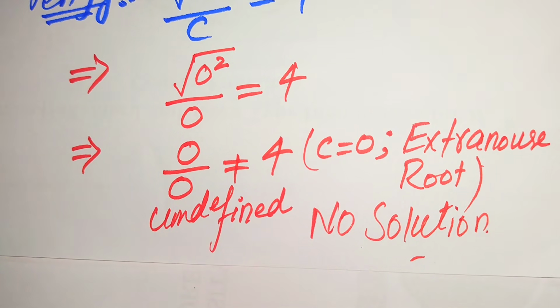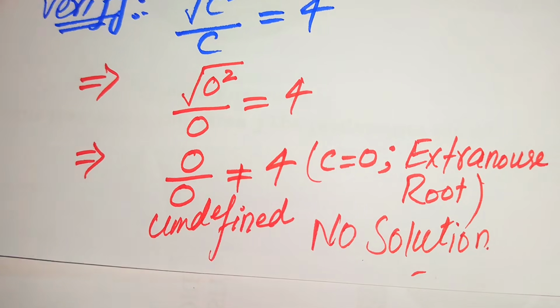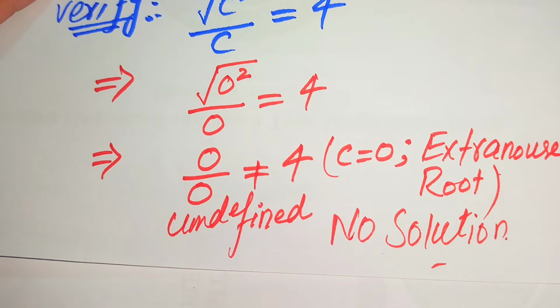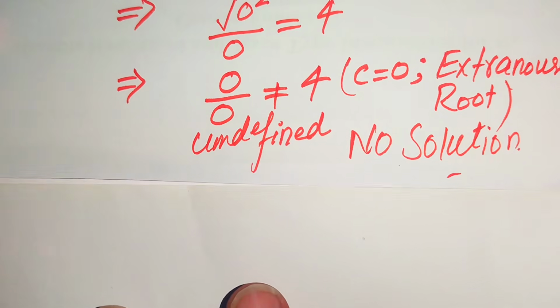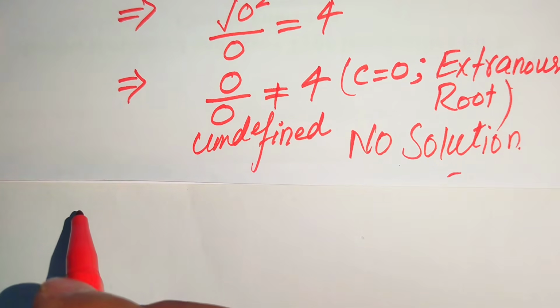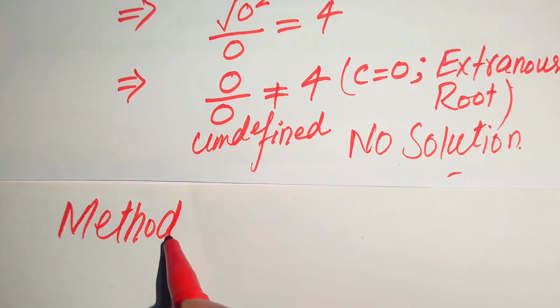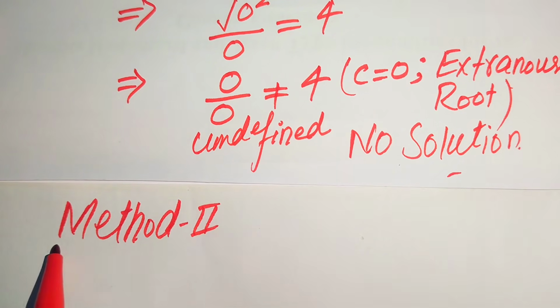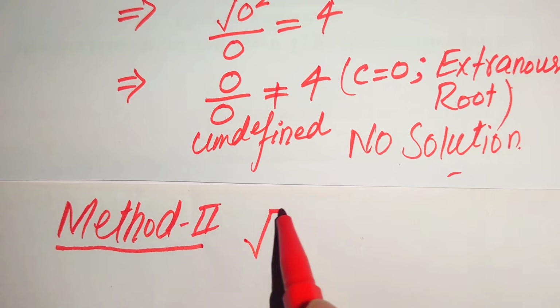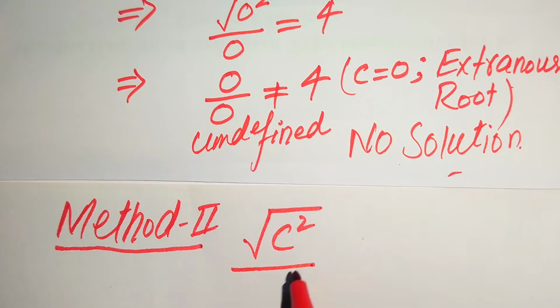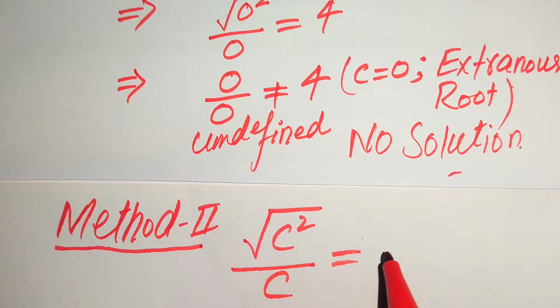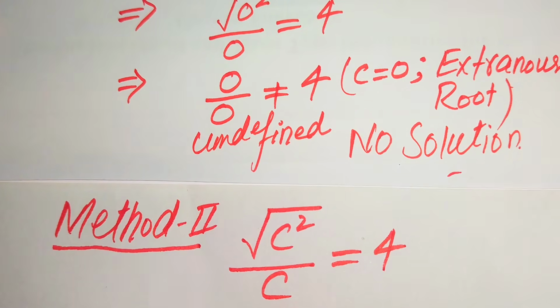And now we again solve this problem using the second method. For the second method, we just need to copy down the given question statement here, and the given question statement is the square root of c square divided by c is equal to 4.